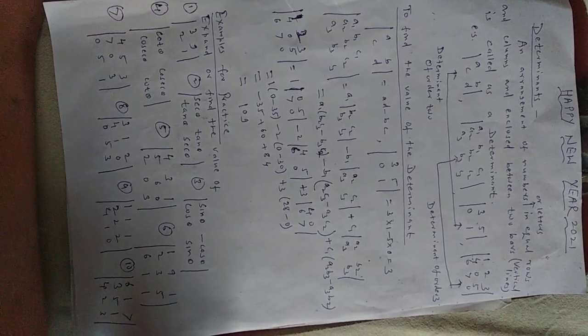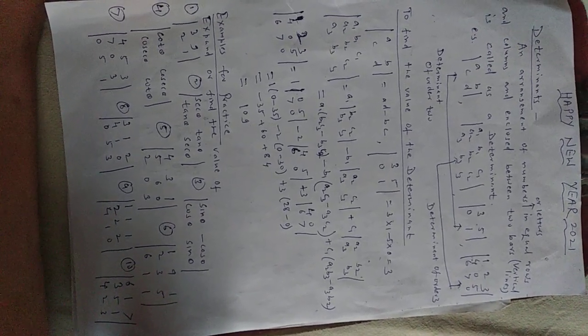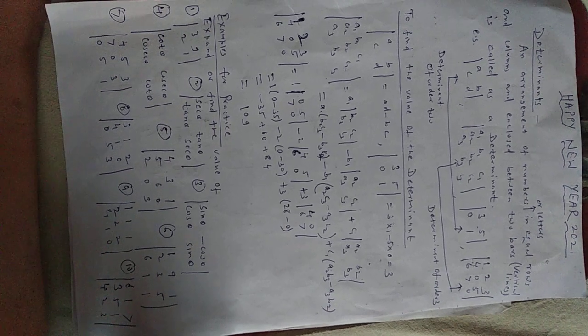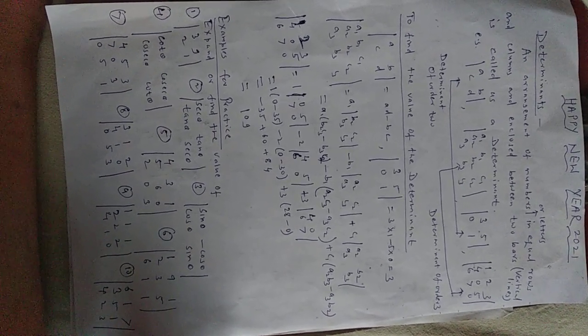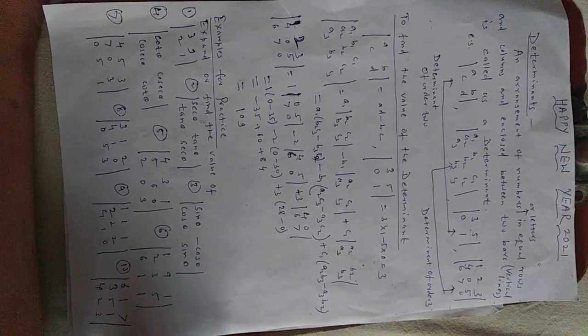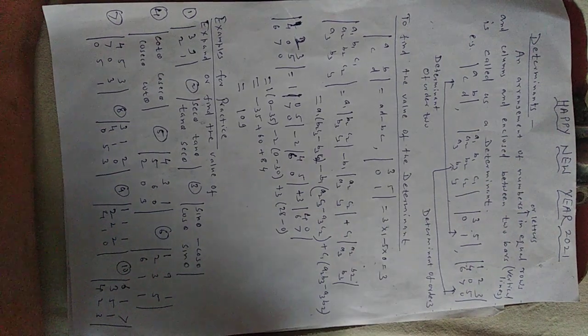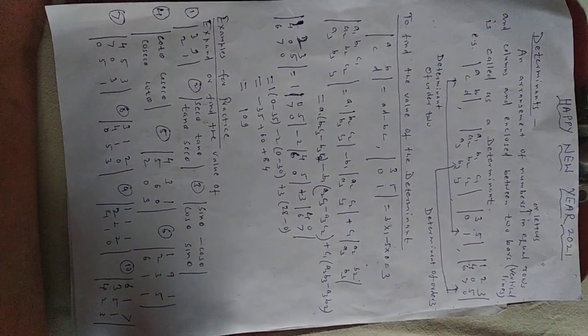So in the first one, the first row is AB, the second row is CD, the first column is AC, the second column is BD. So these are the examples. The same is true for the remaining also.